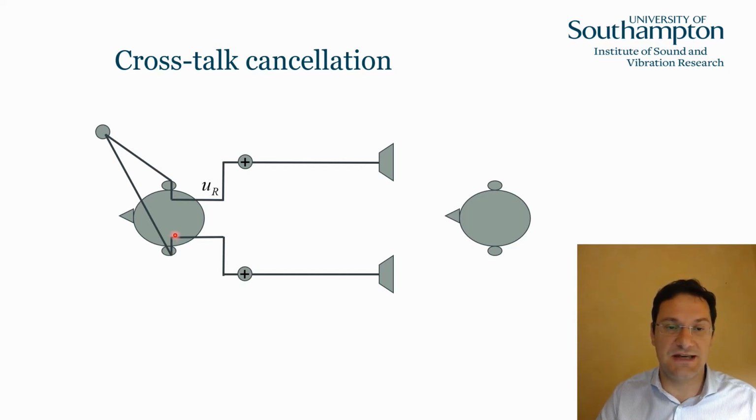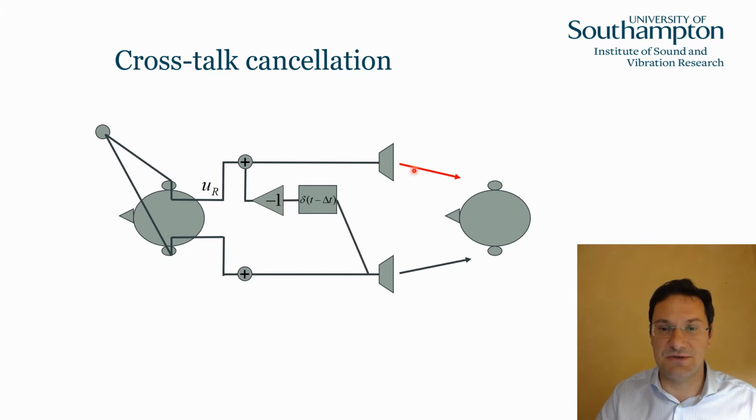The signal intended for the left ear feeds the left loudspeaker, but then the very same signal is delayed, phase reversed, and fed back, as opposed to feed forward as in the previous example, to the right loudspeaker. And the right loudspeaker generates a signal in phase opposition that cancels the component of the left ear signal that's spilled into the right ear, thus achieving crosstalk cancellation.